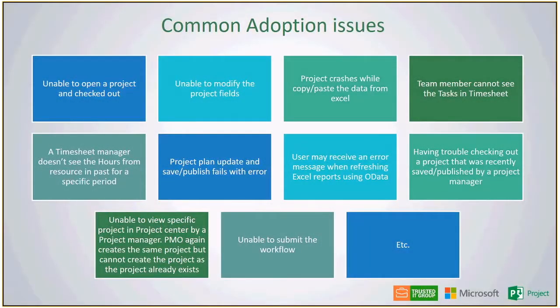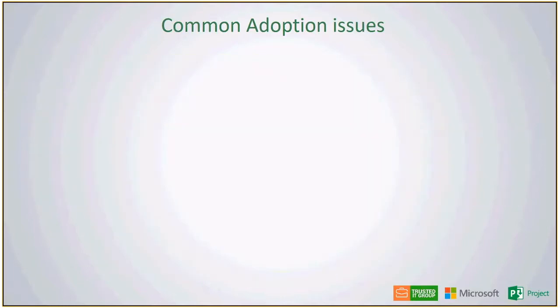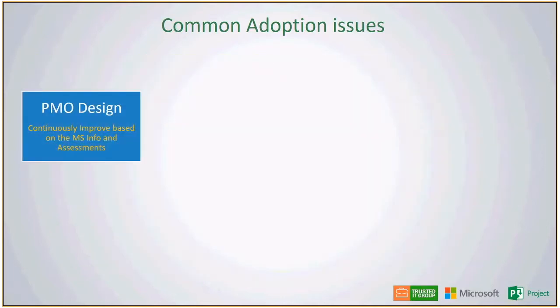Let me elaborate a little bit on those typical adoption issues, and how we suggest fixing them. Remember, we were talking about the PMO design, and the PMO processes and concepts should be aligned with the strategy.